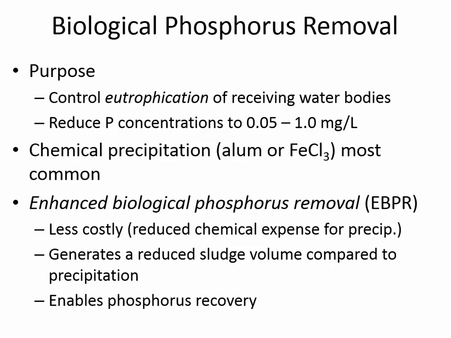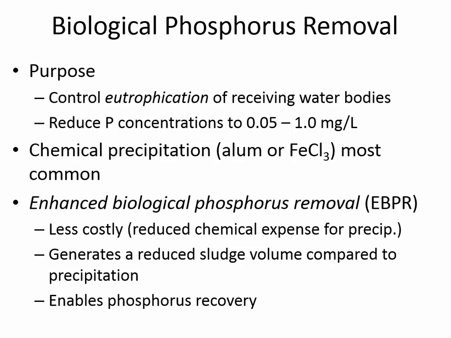It generates less sludge volume because you're not adding another chemical to get rid of the phosphorus. If you think about when you add alum or ferric chloride, the salt that forms is including the phosphorus, but also all the chemical that you poured in. Whereas in the case of a biological removal, your yield will be less than 1, and you also didn't add another constituent.